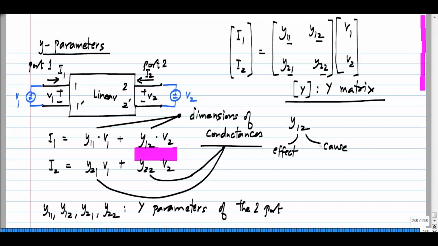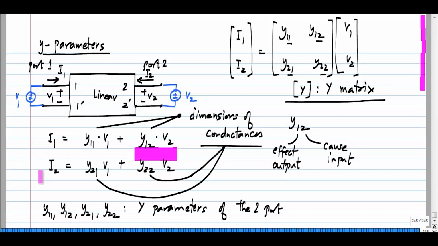Or in other words, you can think of this as the input and this as the output. So, V2 gets scaled by Y12 to give you I1. That is the meaning of the subscript, and you can see that for the rest of them it is the same way. V2 gets scaled by Y22 to give you I2 and so on. So, that is the definition of Y parameters.